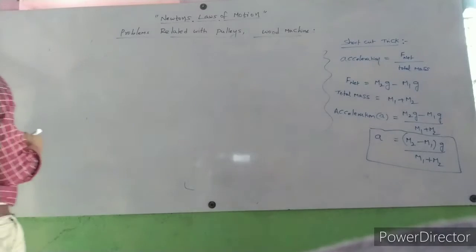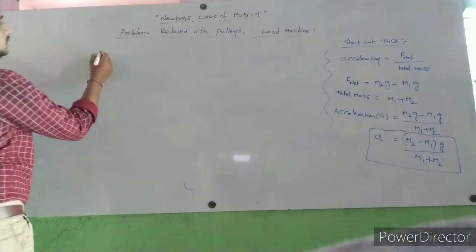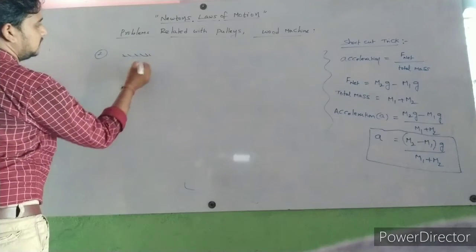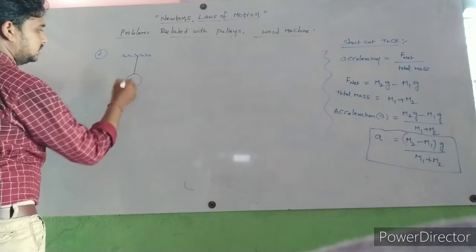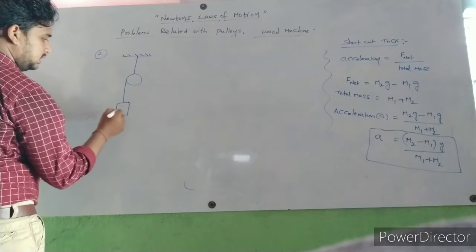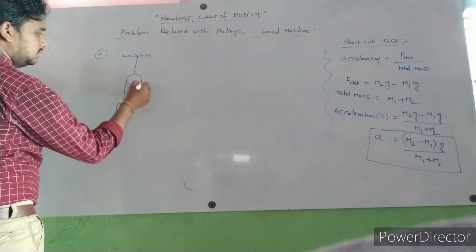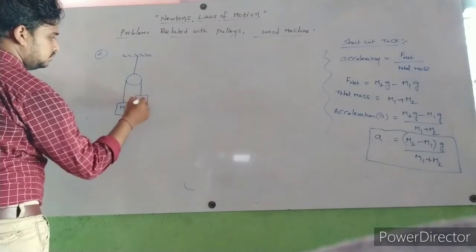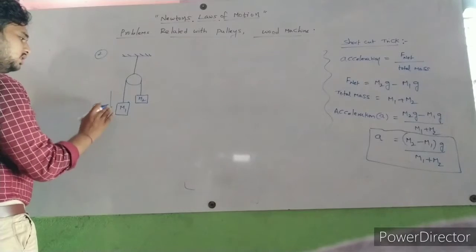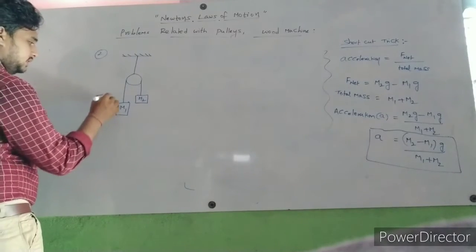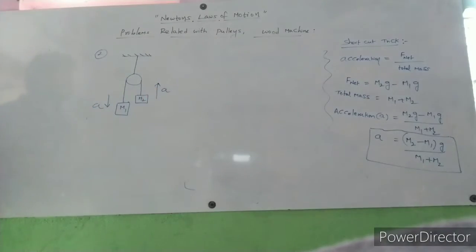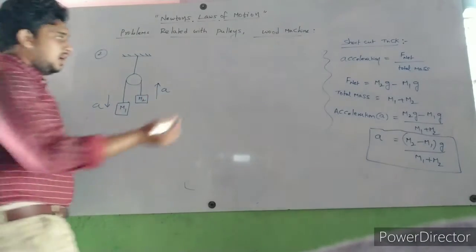So this is a pulley, this is M1, this is M2. For this, the acceleration is given as downward, and for this, the acceleration is given as upward. For this question, how to find acceleration?